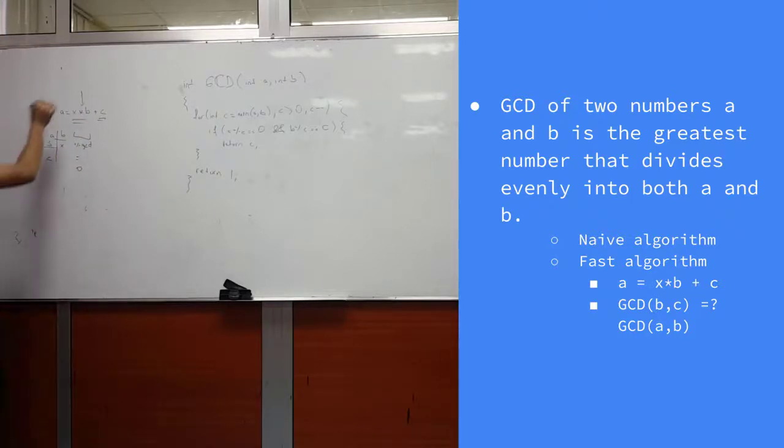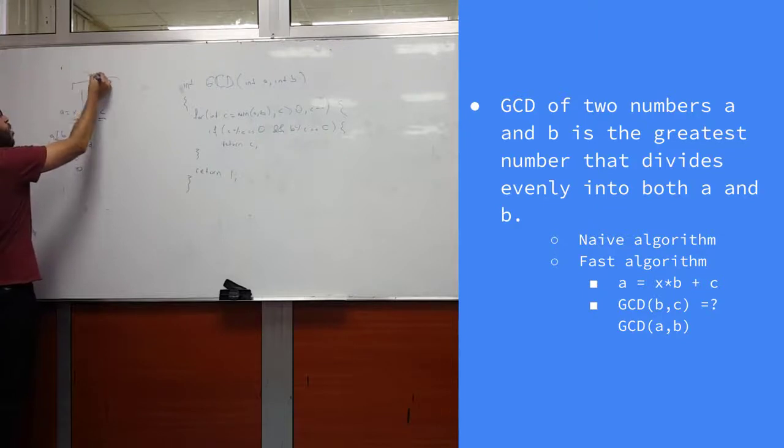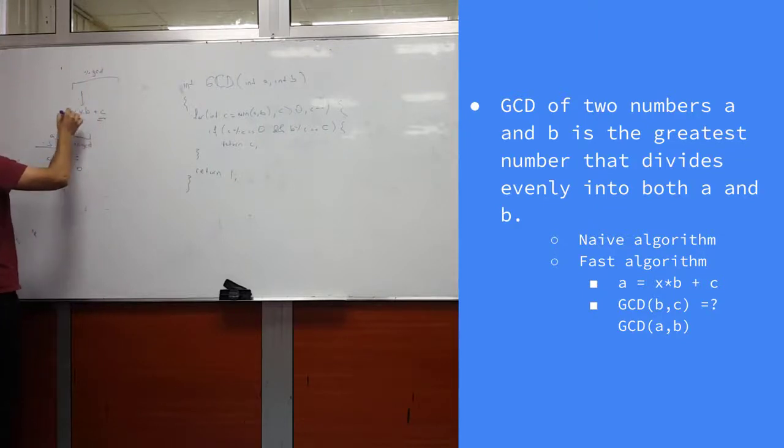So now let's think about the summation here. The summation is A. And since we know that the greatest common divisor also divides A evenly, what can I say about the mod of the greatest common divisor for this term here?